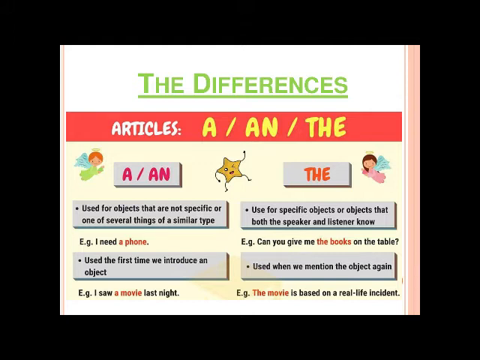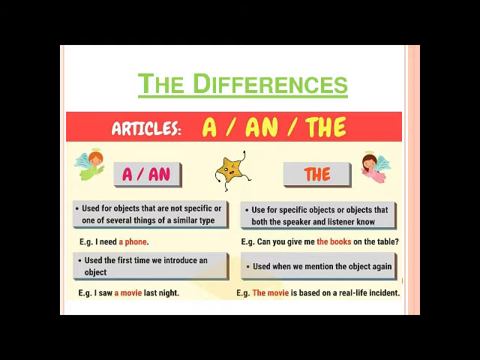Second point, a and an are used the first time we introduce an object. Whenever I am introducing any object for the first time, whenever I am mentioning the object for the first time, then I will use a or an. For example, I saw a movie last night.